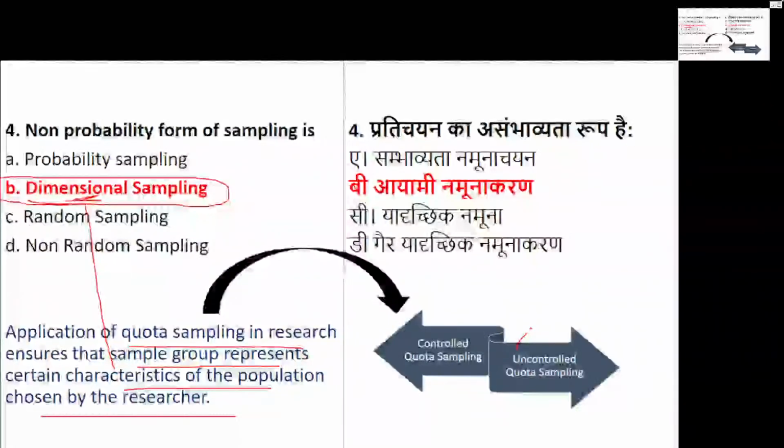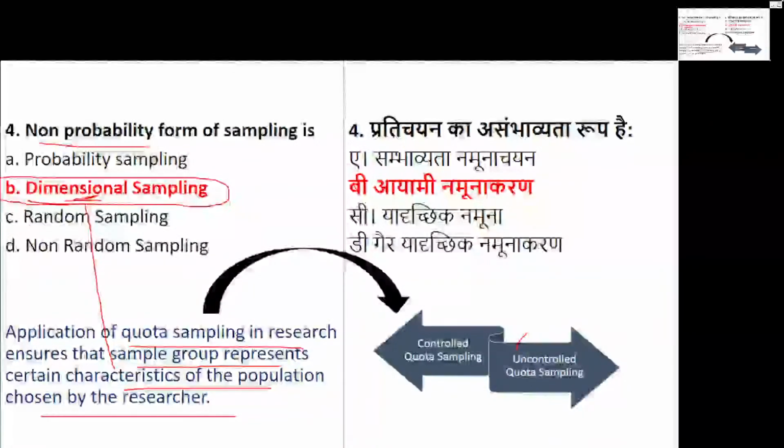Yes, Sanchita, non-random. I'll explain again. What is the meaning of non-probability? That the sample is selected based on non-random methods. What do we mean by non-random criteria? That not every member of the population has an equal chance of getting selected.